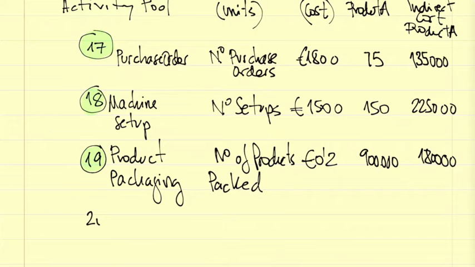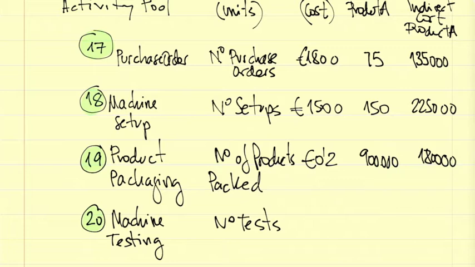The activity number 20, number of tests, quality test. Machine testing is the activity, and calibration, here we measure it by the number of tests. Each test costs 100 euros. We make 1,000 tests, so we have 100,000.